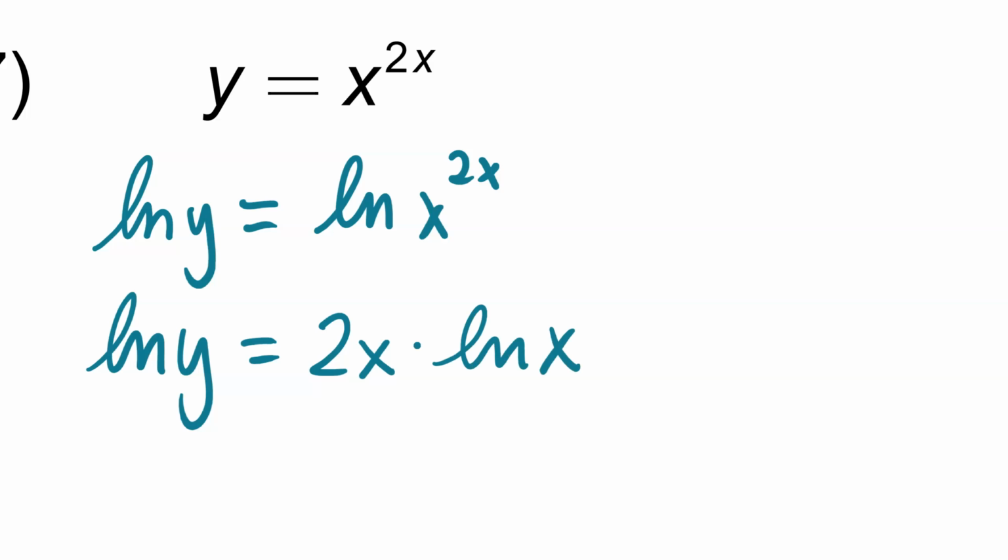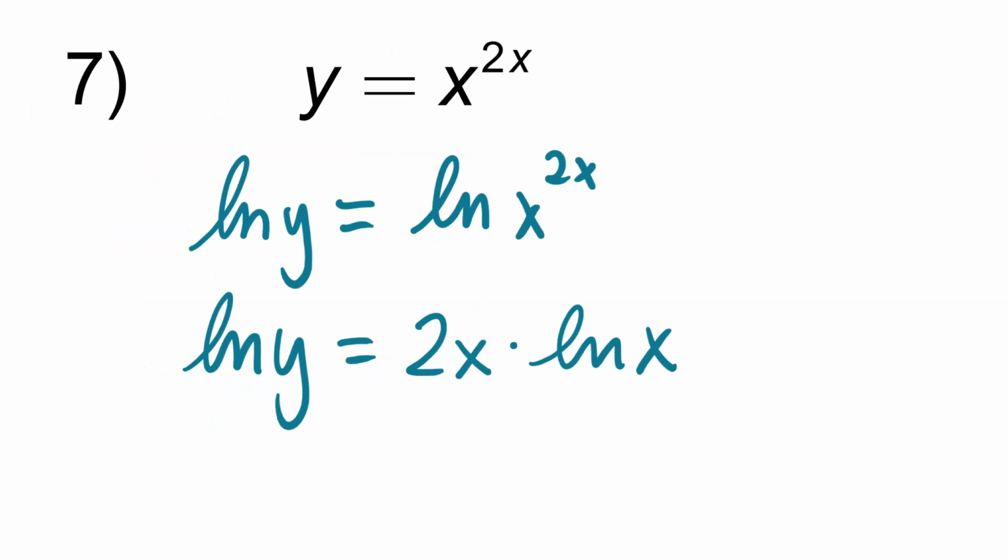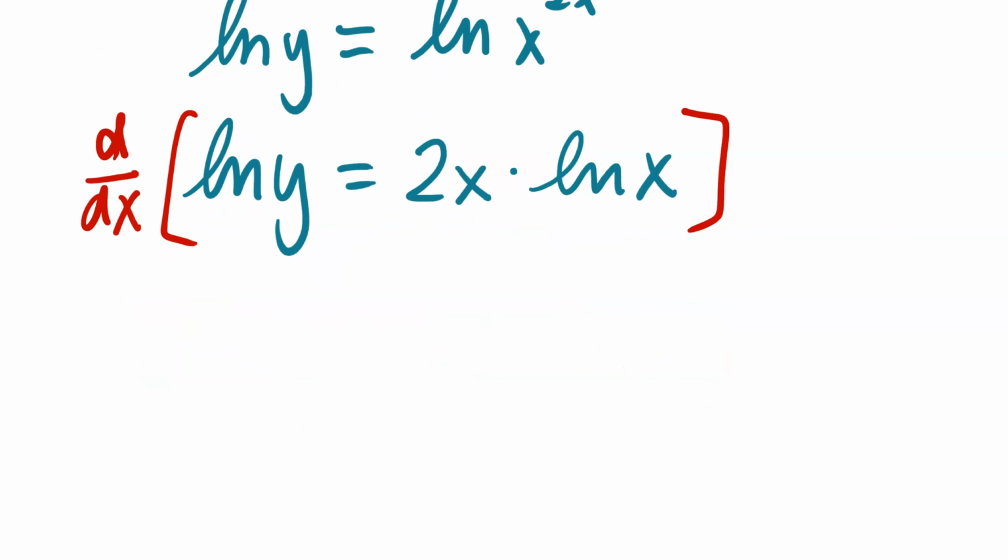Now, it is at this point that we can differentiate. So the big operator, our verb d dx, means differentiate. It means take a derivative. On the left side, the derivative of ln of y is 1 over whatever is inside. And since we're taking the derivative with respect to x, there has to be a derivative associated with y.